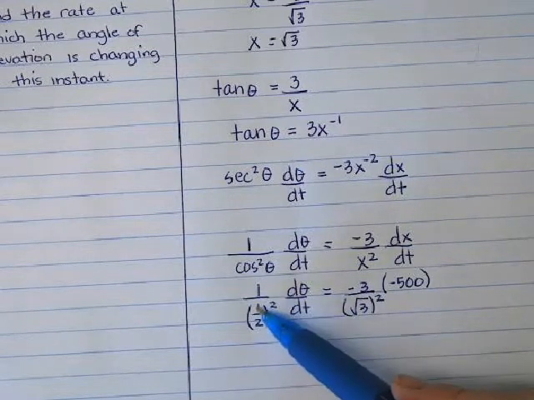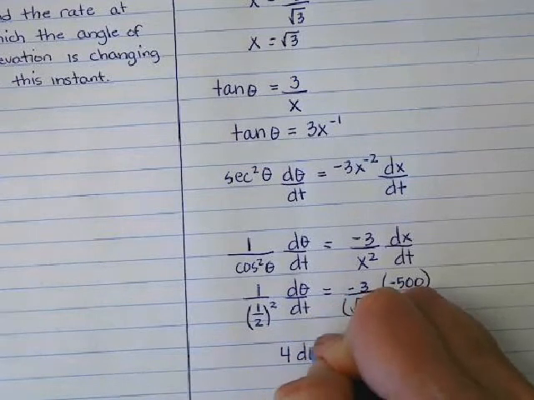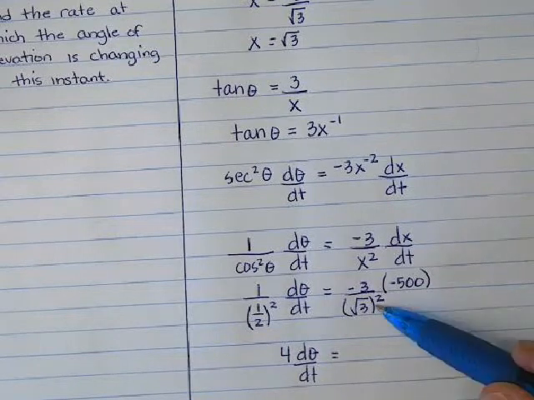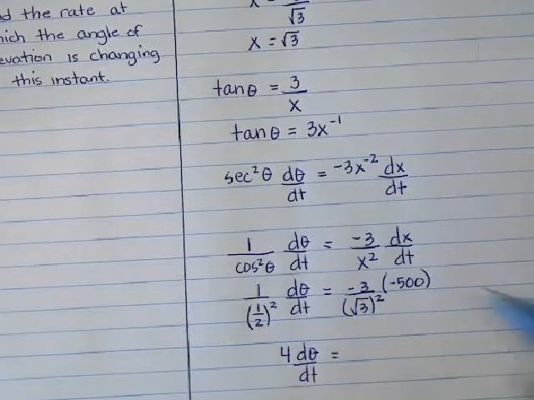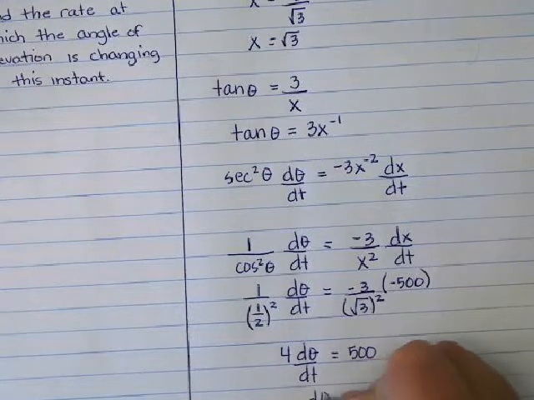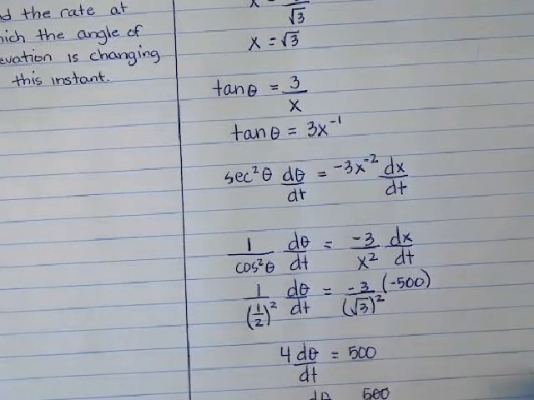So this is 1 divided by 1/4. It's just the reciprocal. This is 4. The square root of 3 squared is 3, 3 divided by 3 is 1. A negative 1 times a negative 500 is 500. So d theta dt is 500 divided by 4, which is going to be 125.